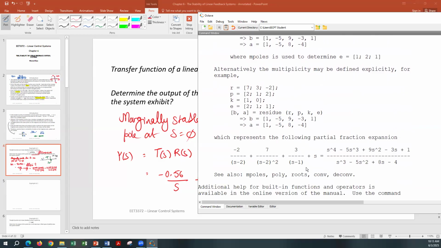This is again something that I have seen many students make mistakes on. So make sure you write it down and understand that whenever you see in the RPK, in the P, that you have the same poles, then the first pole will have power 1, the second pole will have power 2, the third pole will have power 3, and so on and so forth.